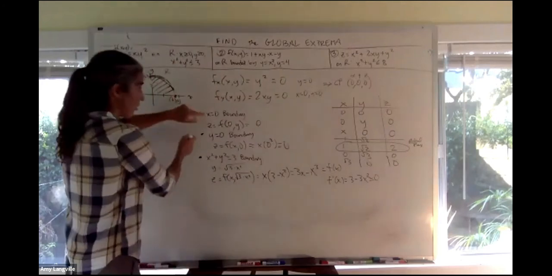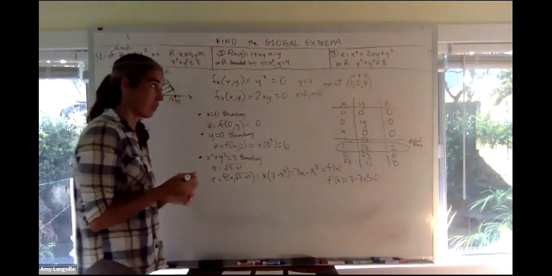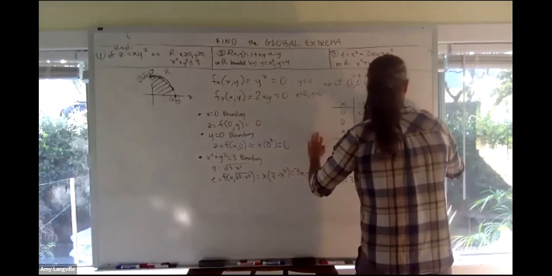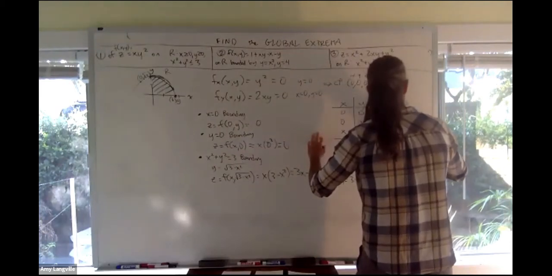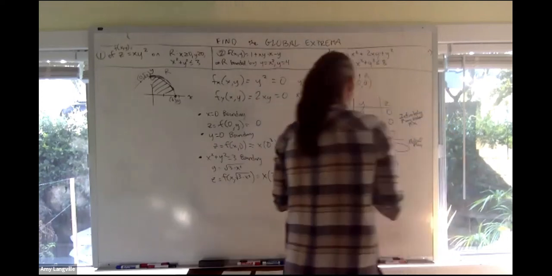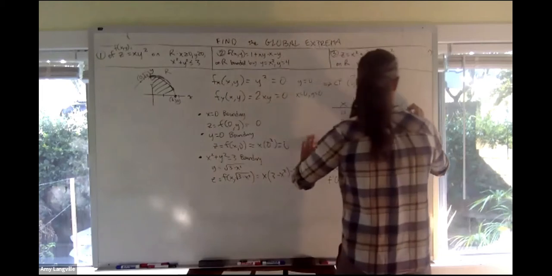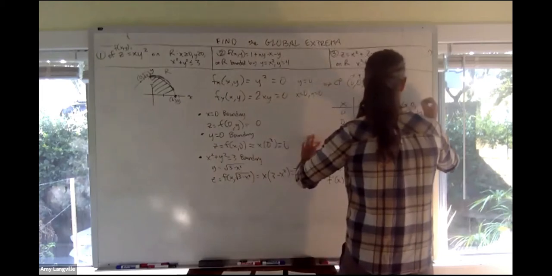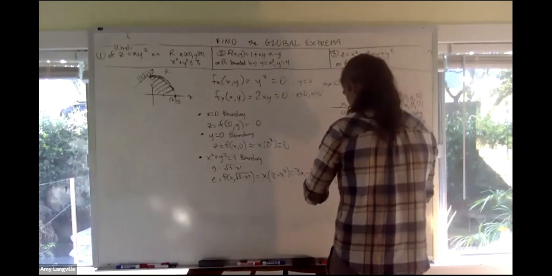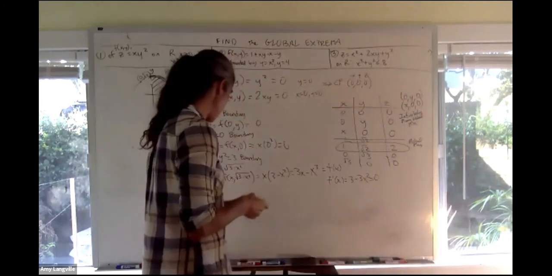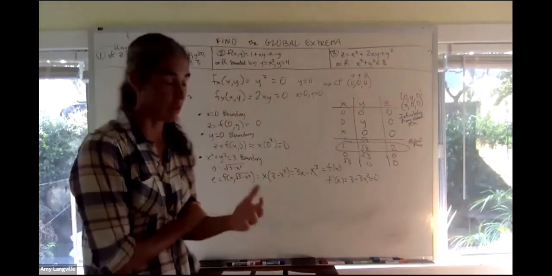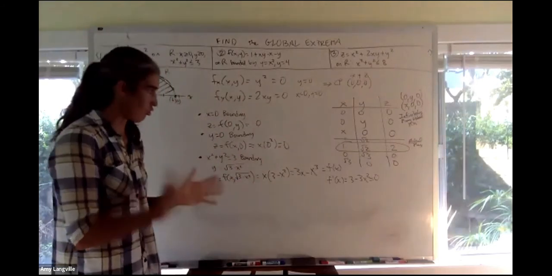The x equals 0 and y equals 0 are ties for the infinitely many global min. Anything that has x is 0, or anything with any y value where x is 0, you get infinitely many mins over this region.